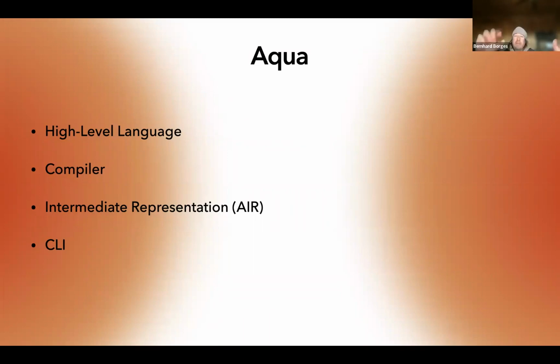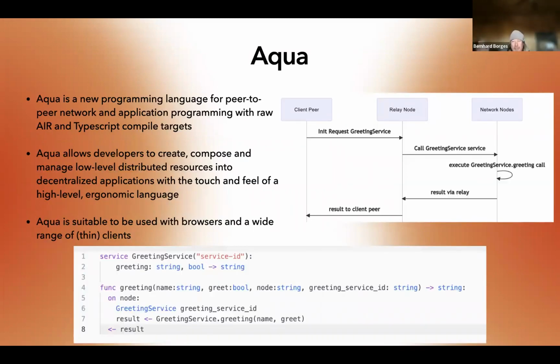Now Aqua, we've been talking about it. It's time we put the rubber to the road here and go from the academic to the practical. At the bottom, we have an Aqua excerpt. So assume we have a WebAssembly greeting service out there somewhere on the network. It's a fancy greeting service.